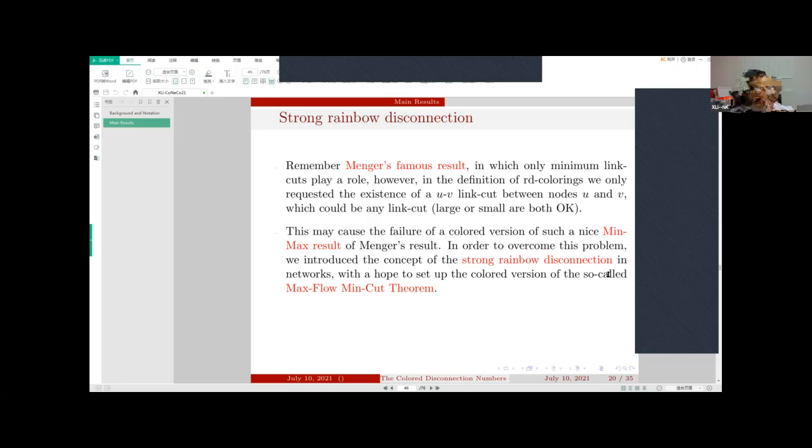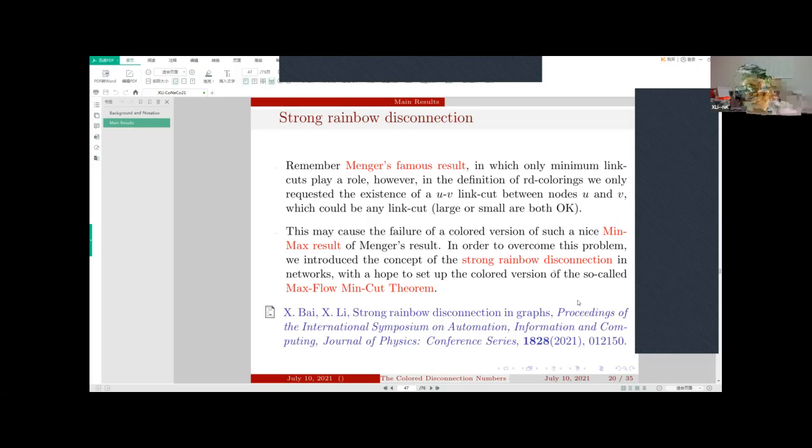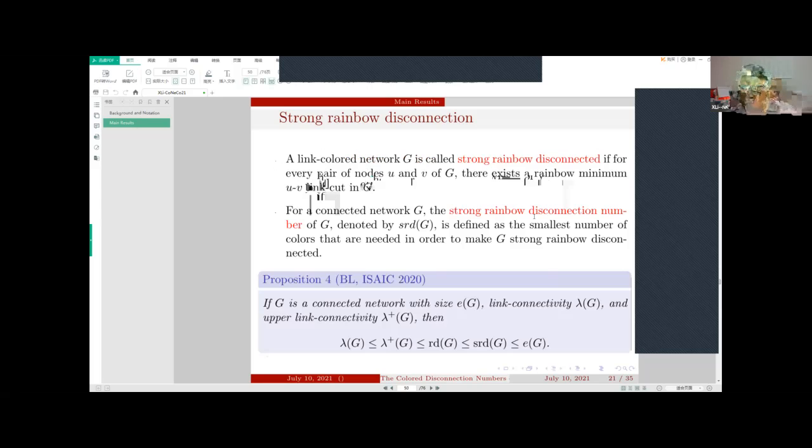We call this strong rainbow disconnection. This is a little bit different from the rainbow disconnection number. Here is the definition. It is SRD, strong rainbow disconnection.